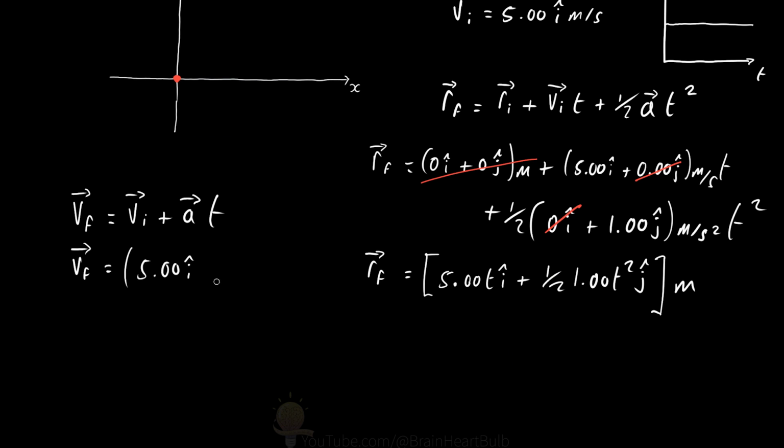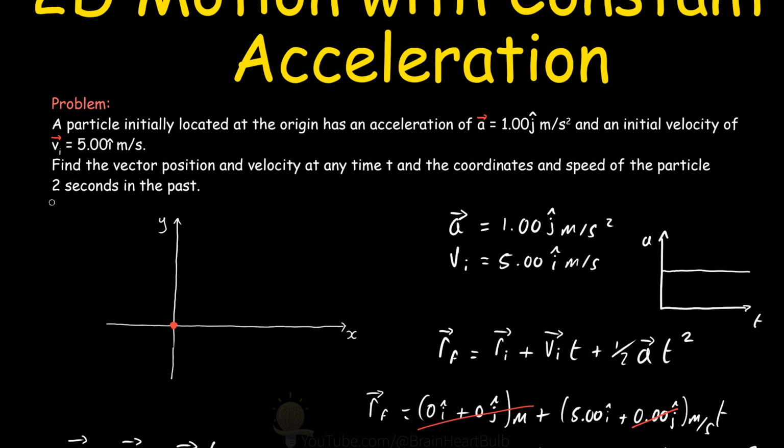So 5.00 i plus 1.00 t j, and that's meters per second. So now that we know where the final position is with respect to time and what the final velocity is, we can plug our time into these equations.